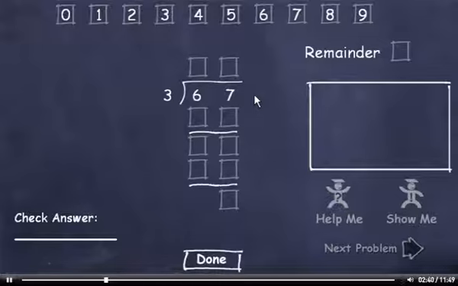67 divided by 3. 3 goes into 6 two times. 2 times 3 is 6. 6 minus 6 is 0.